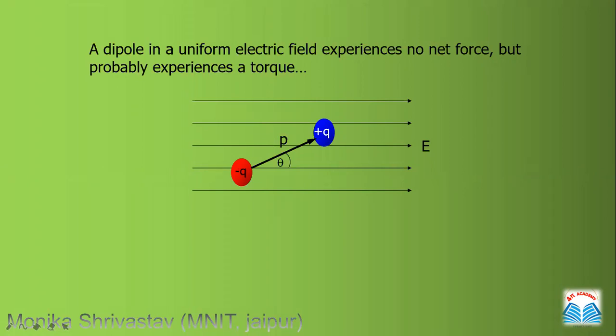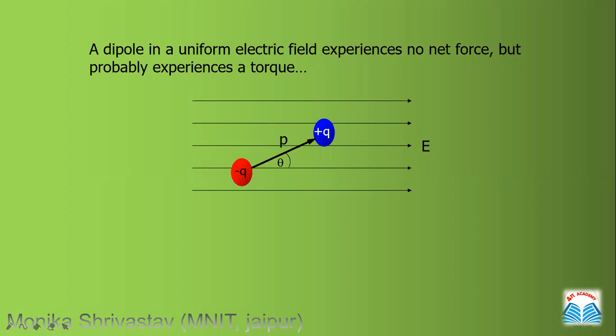Very small, not considerable. Sometimes we just neglect that distance between the two charges and consider them as one dipole, as one system. So it will never feel any force, it will only experience a torque.